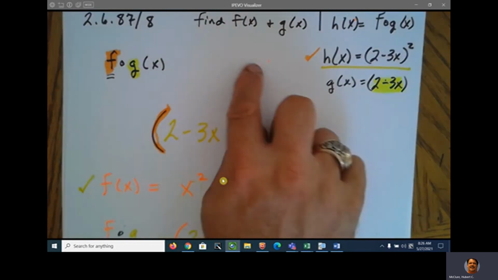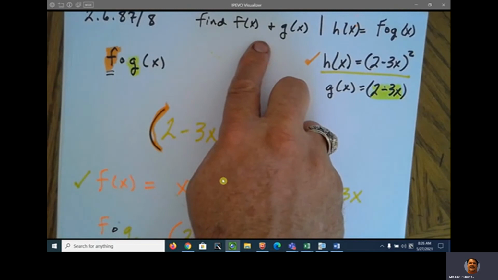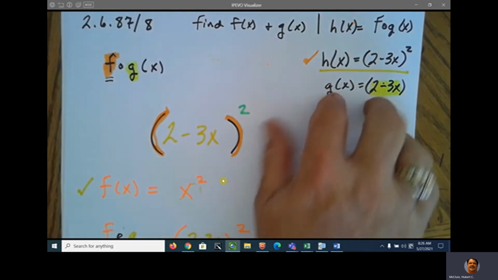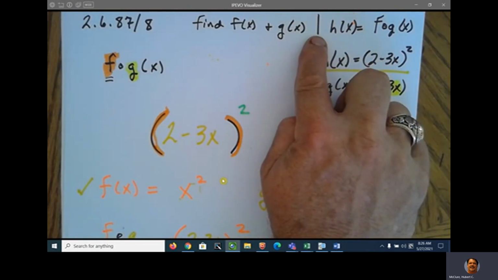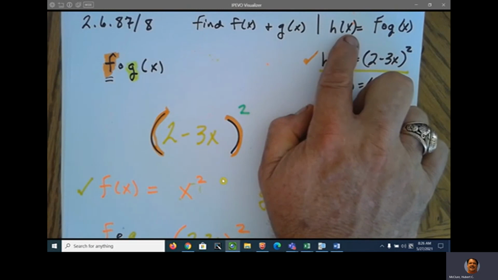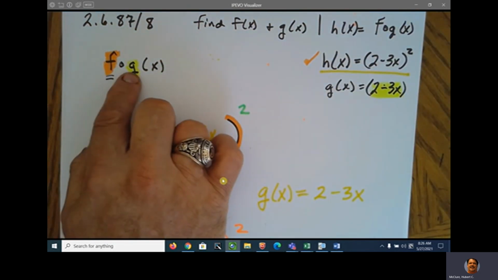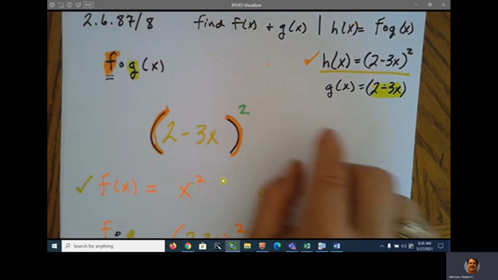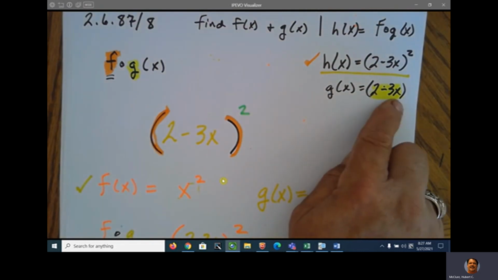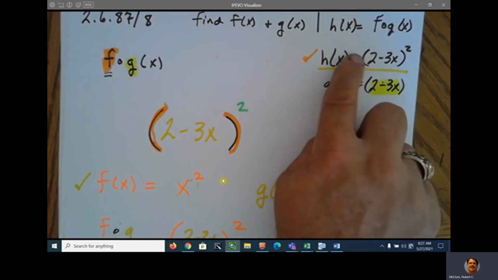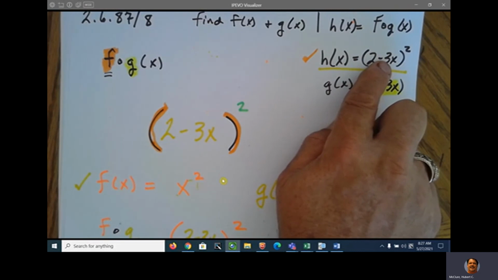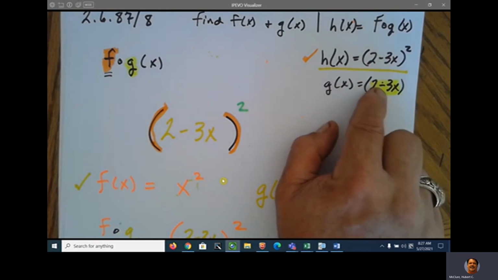So you're given, find F of x and G of x, such that H of x is equal to F composed of G. So I wrote F composed of G right here. And they give us that G is equal to 2 minus 3x, and your function H of x looks like this. So we have to square this.